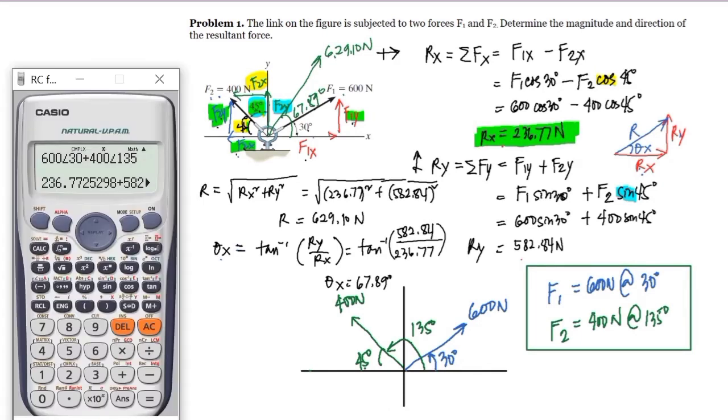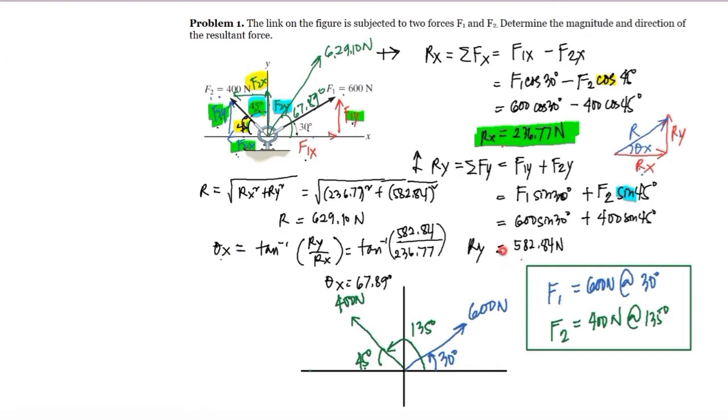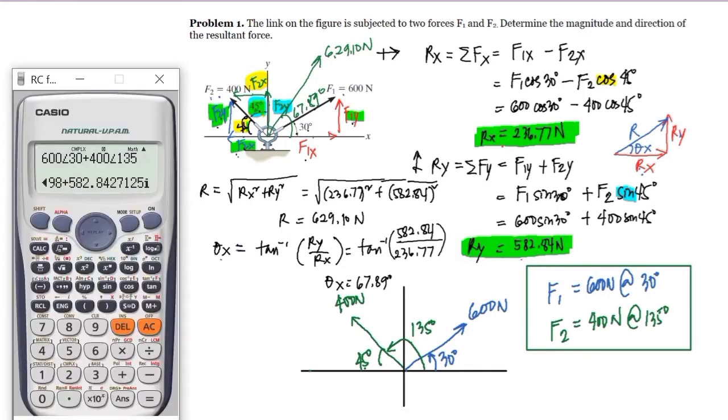And press natin ito to the right, and as you can see here, this is 582.84. That 582.84 is your y component. Okay, so how about in computing for the value of the resultant R?